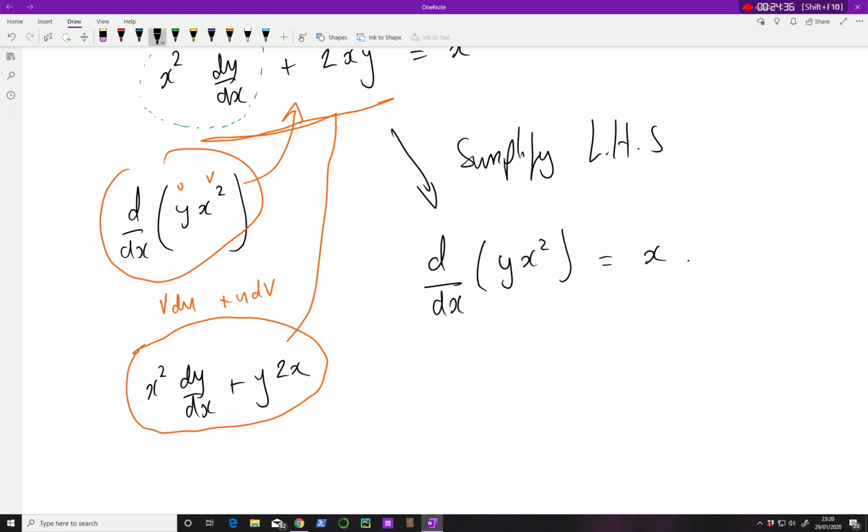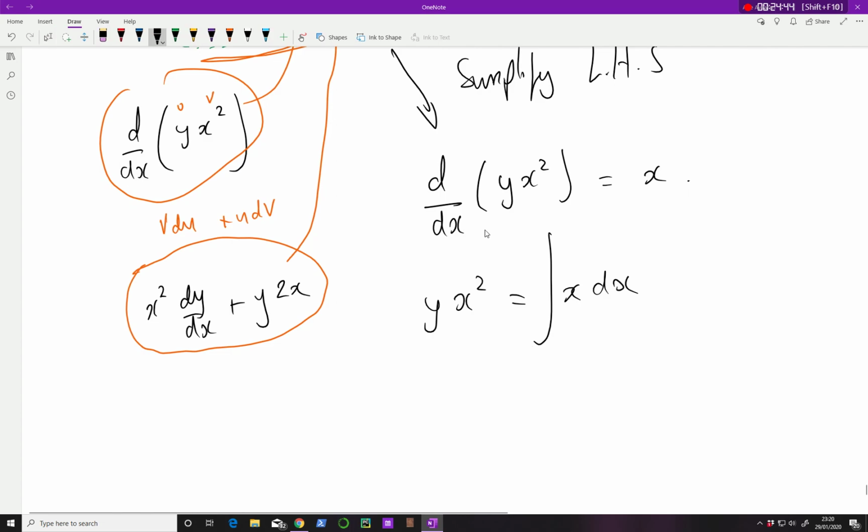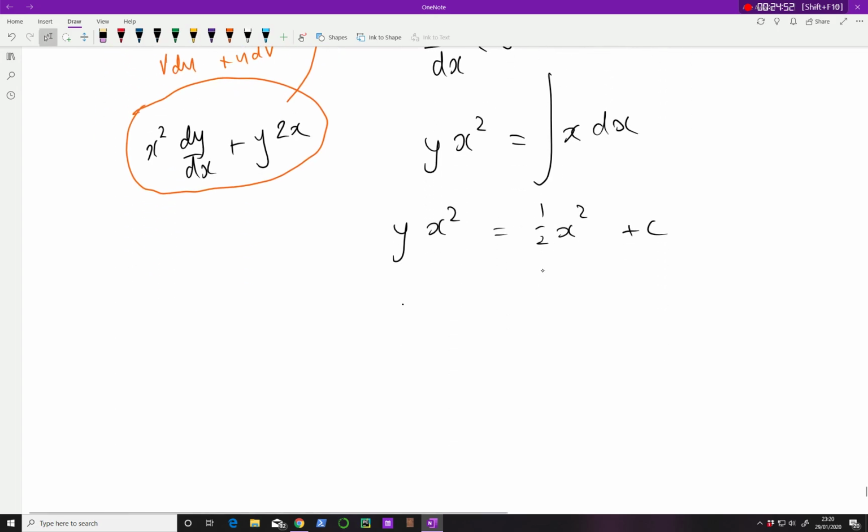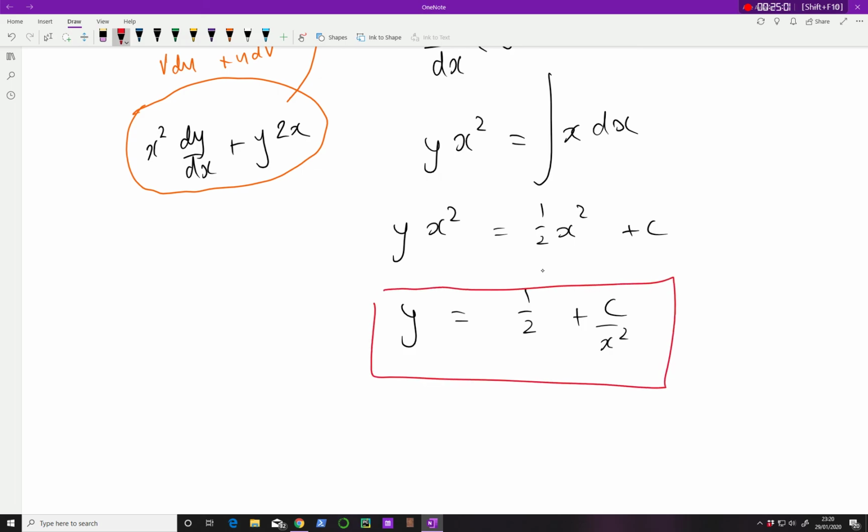So multiply both sides by dx to get y x squared equals the integral of x dx, and I'm integrating. Integrate as so. Divide both sides by x squared. And this is our final solution. Okay.